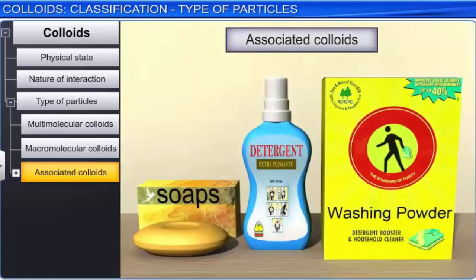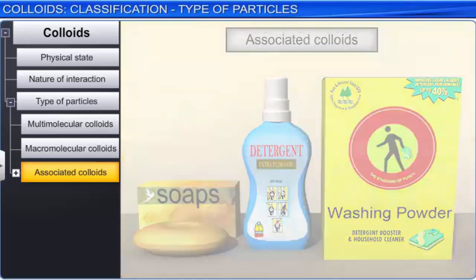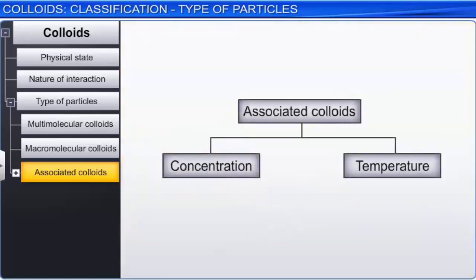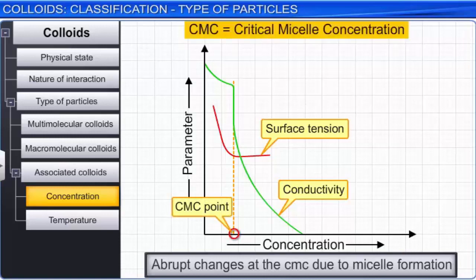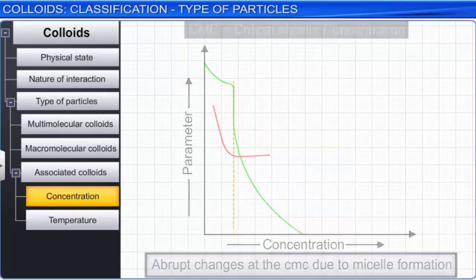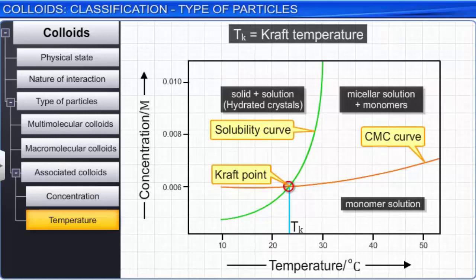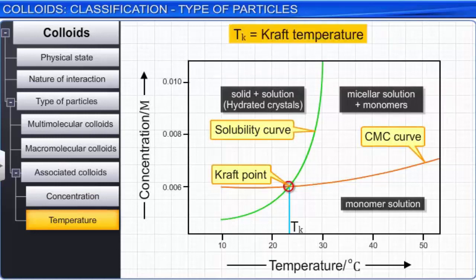The formation of micelles depends upon two factors: the concentration of the dispersed phase and the temperature. The formation of micelles takes place above a certain concentration called the critical micelle concentration, or CMC, and above a particular temperature known as the Kraft temperature, or Tk.